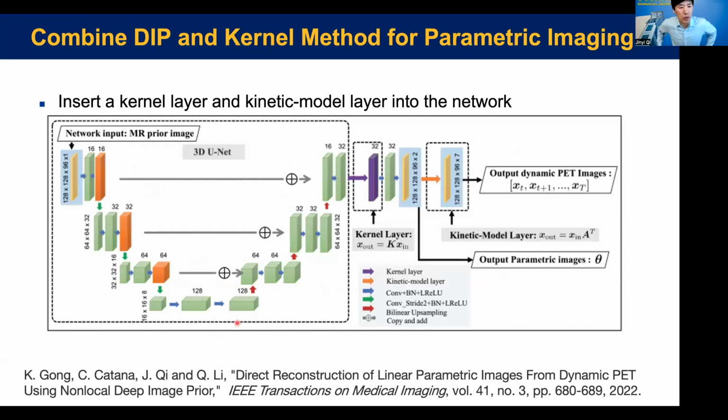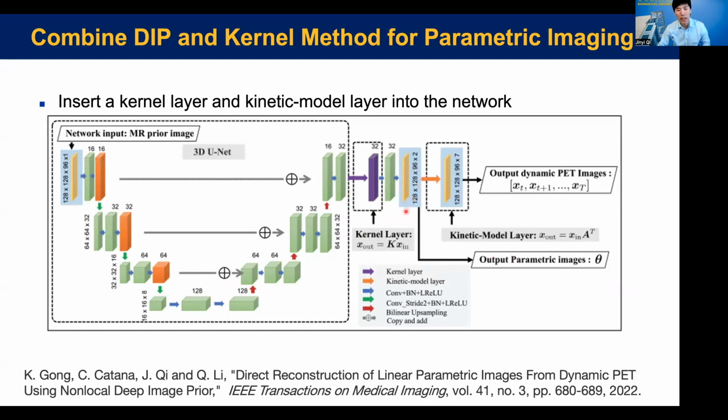We can put this framework into the kernel-based direct parametric reconstruction just by inserting two layers into this neural network. One is the kernel layer over here, right before the output of the network. Essentially, it's a fixed layer, not learned, and it just uses a calculated kernel matrix. Then the output here would be the parametric images.